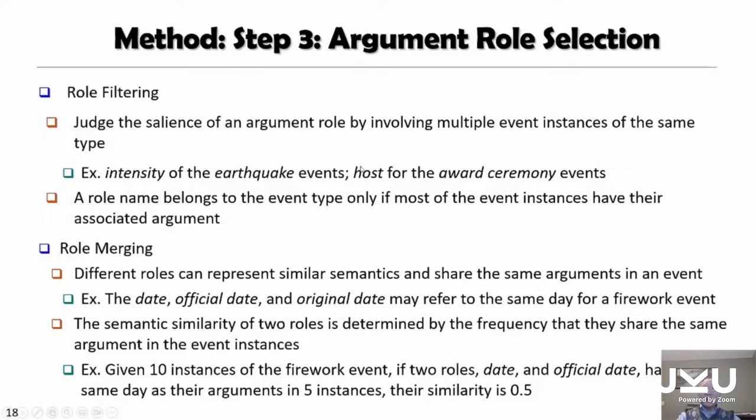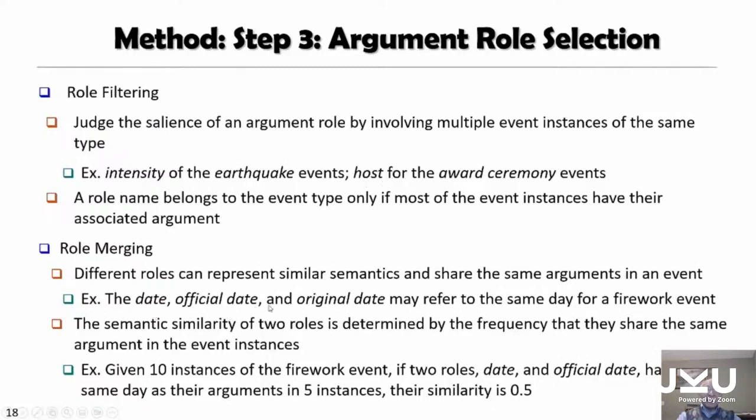And for a war ceremony, you find the host could be an important one. That means a role name may belong to the event type only if most of the event instances have their associated argument. So based on popularity vote, you will be able to find the most important roles.